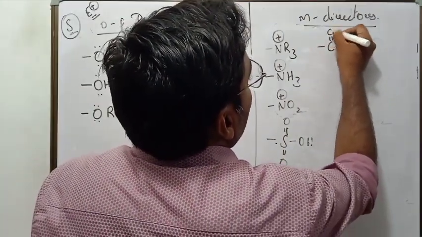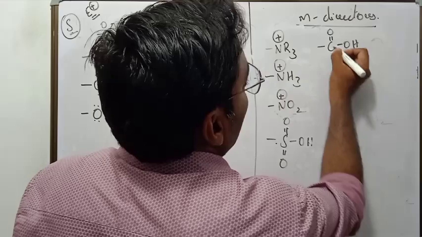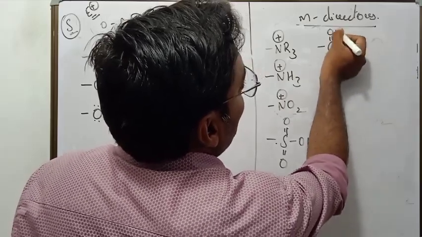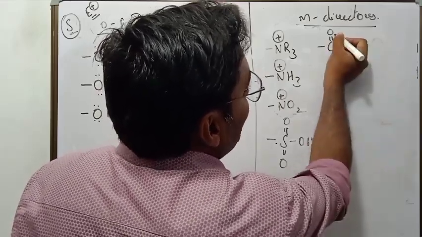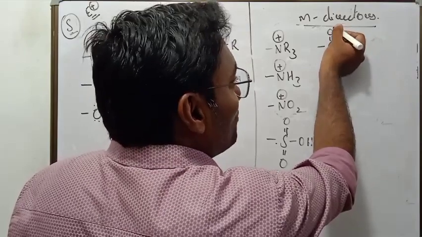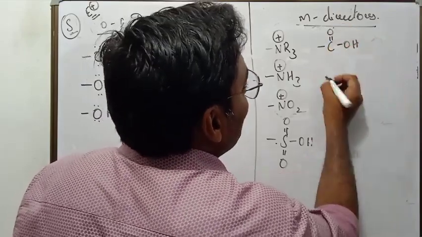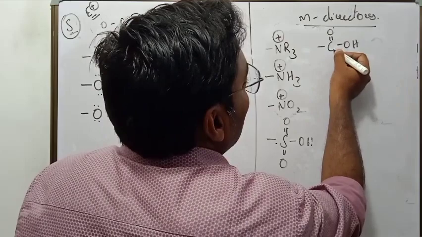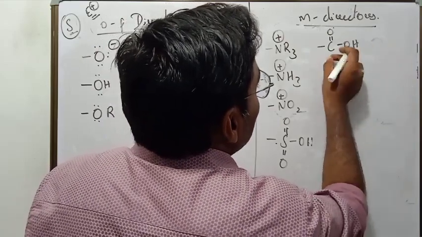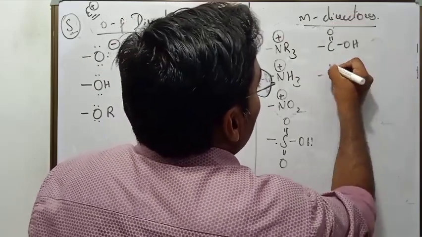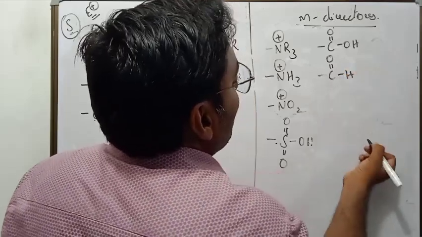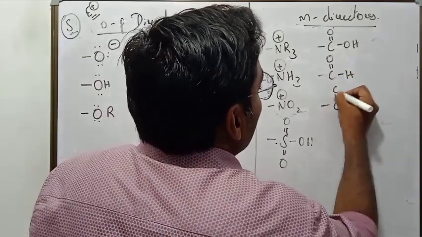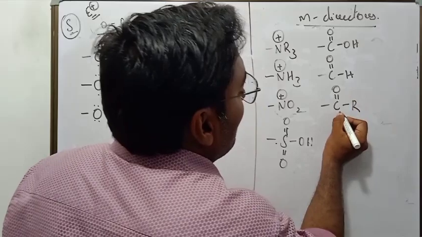C double bond O, OH. See how carbon can become positive if O takes electrons. O is electronegative, it would take electrons, O would become negative, carbon would become positive. So you are seeing how the key atom becomes positive here. That is the requirement for a meta director. Look at aldehyde, look at ketone, everywhere carbon can become positive.